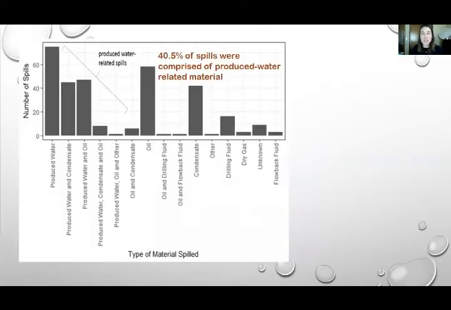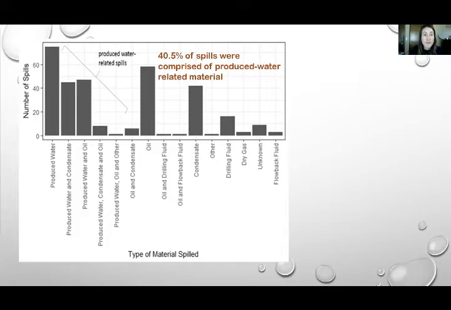And then I looked at the different composition of all of the types of materials spilled at sites. Anything that was a spill that contained produced water, I labeled as a produced water related spill. So produced water was included within this spill.